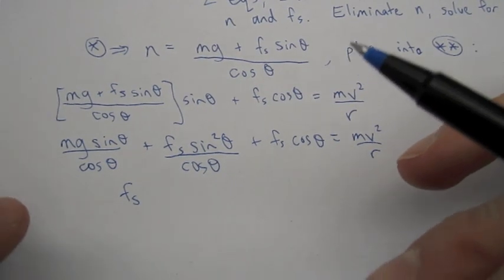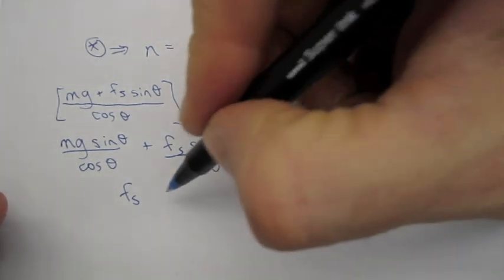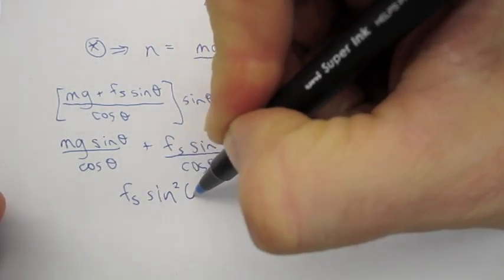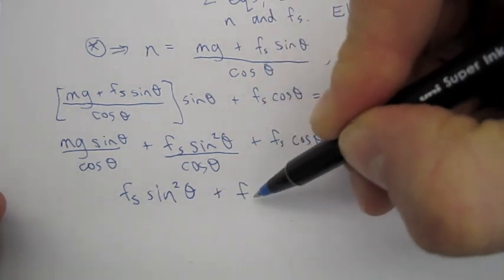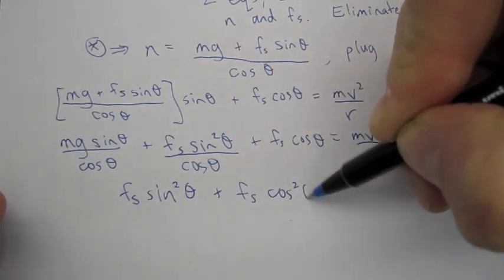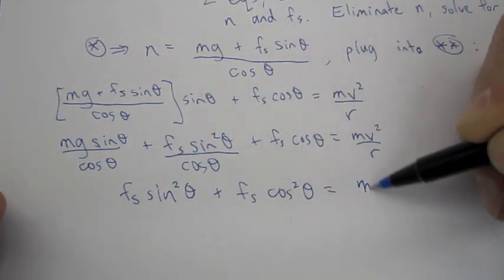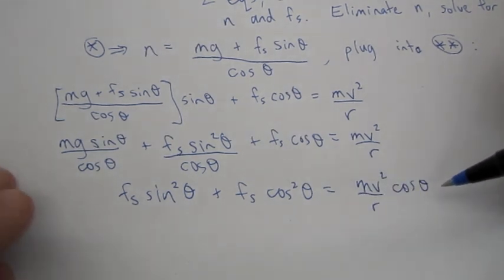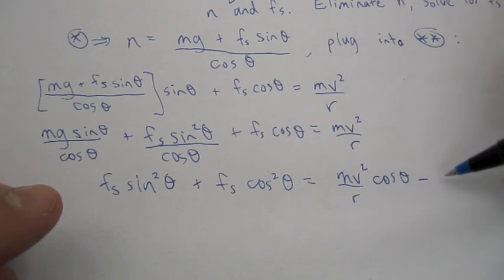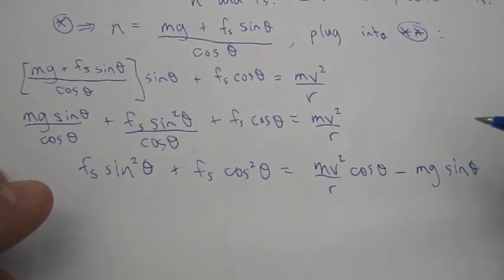Then I'll have f sub s times sine squared theta, because I've multiplied by cos theta, plus f sub s times cosine squared theta is equal to mv squared over r times cosine theta, and then minus mg sine theta, where we've multiplied both sides.